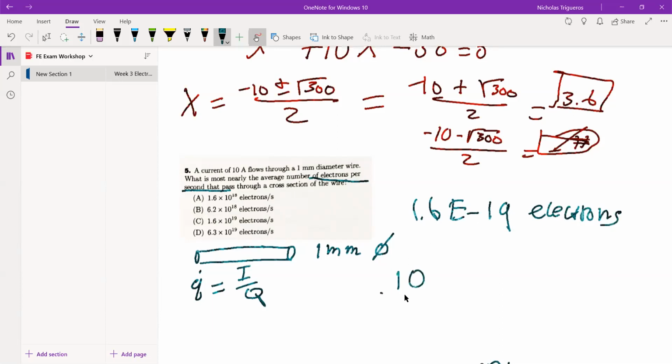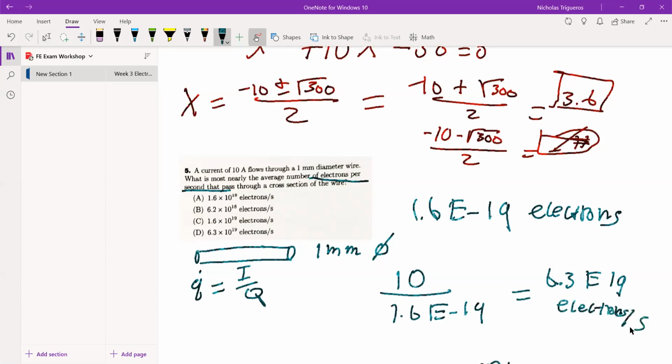The answer is as simple as this calculation, which gets us 6.3 times 10 to the positive 19 electrons per second. Ten divided by that gets turned into positive 19. So our answer would be D here.